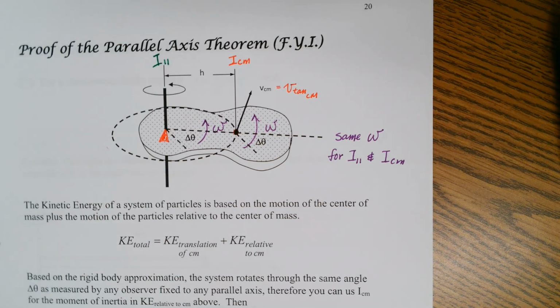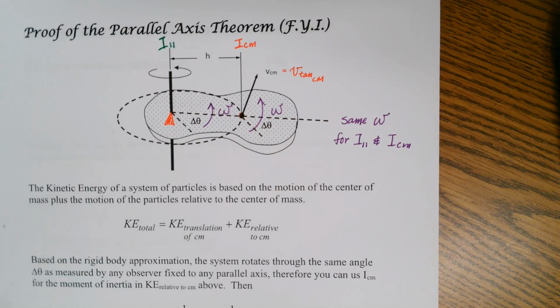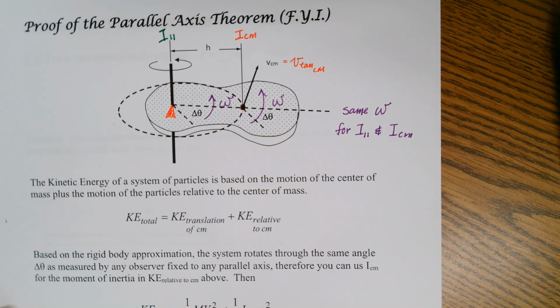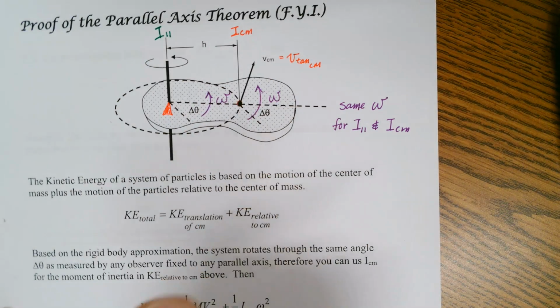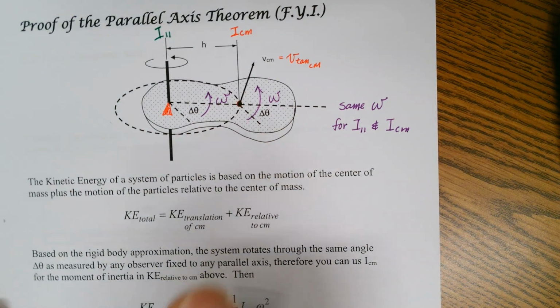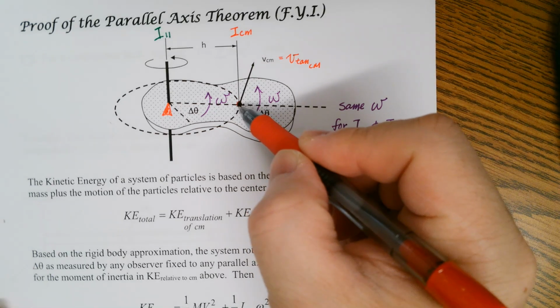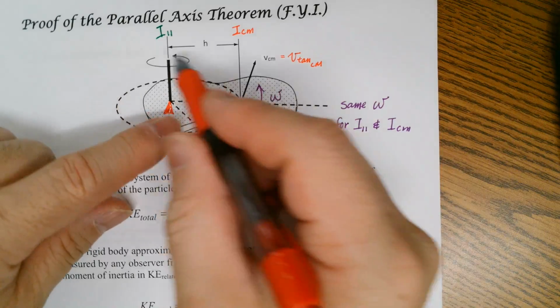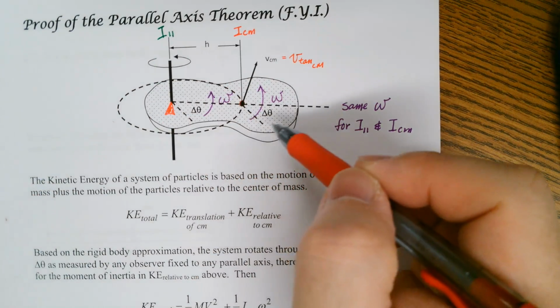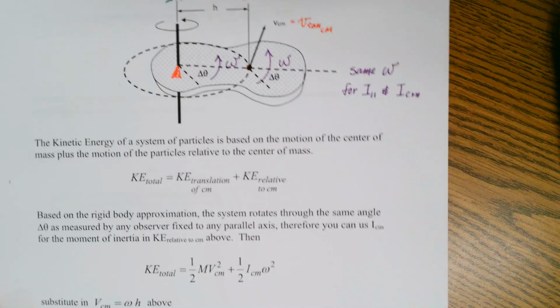Since they're moving, whether they're turning or moving translationally, it doesn't matter. Once it has motion, it has kinetic energy, right? Because this is in motion. It has translational kinetic energy, which is the center of mass moving, but it also has rotational kinetic energy of the whole system because it's rotating.